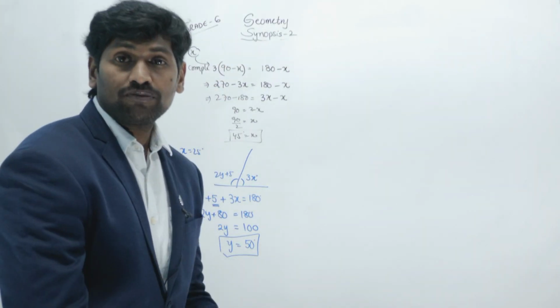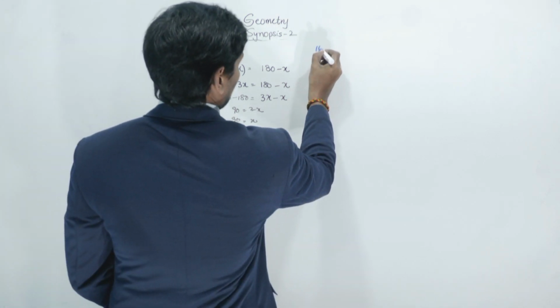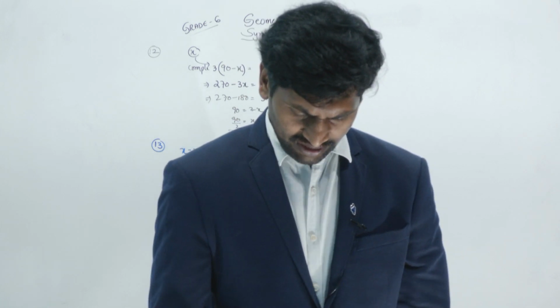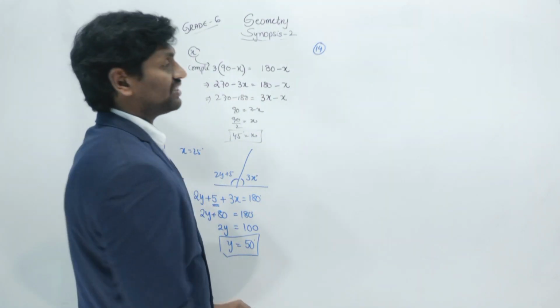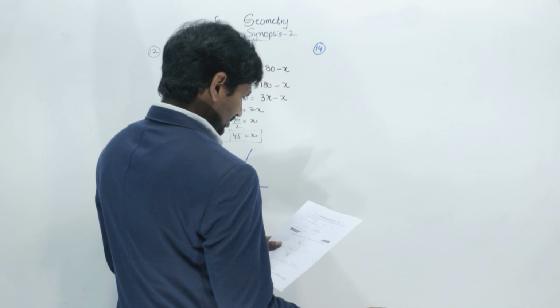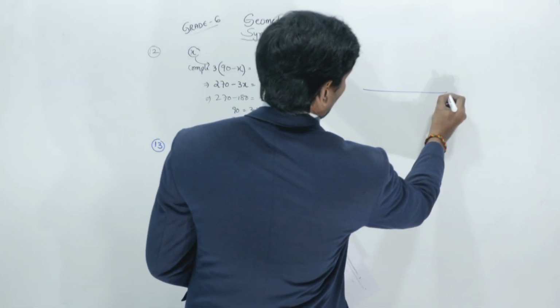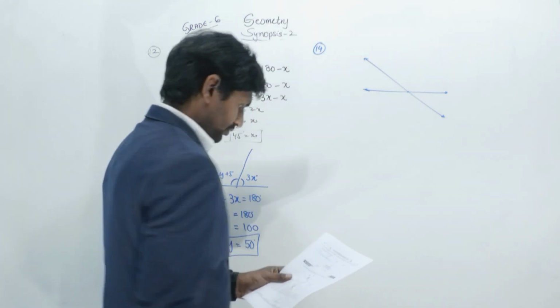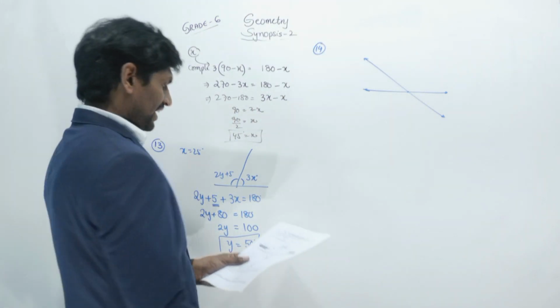Now coming to question number 14. In the given figure, XY and MN are intersecting at O. XY is a horizontal line and MN is a slant line. Both are intersecting at O and angle POY is 90 degrees.